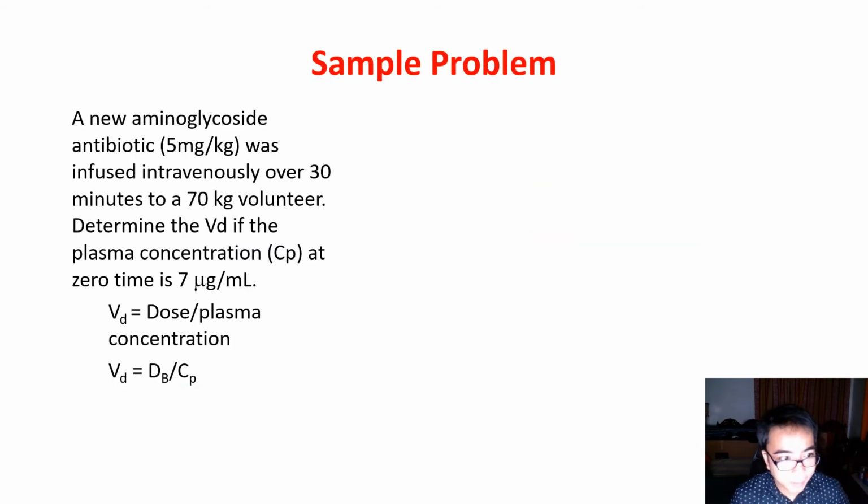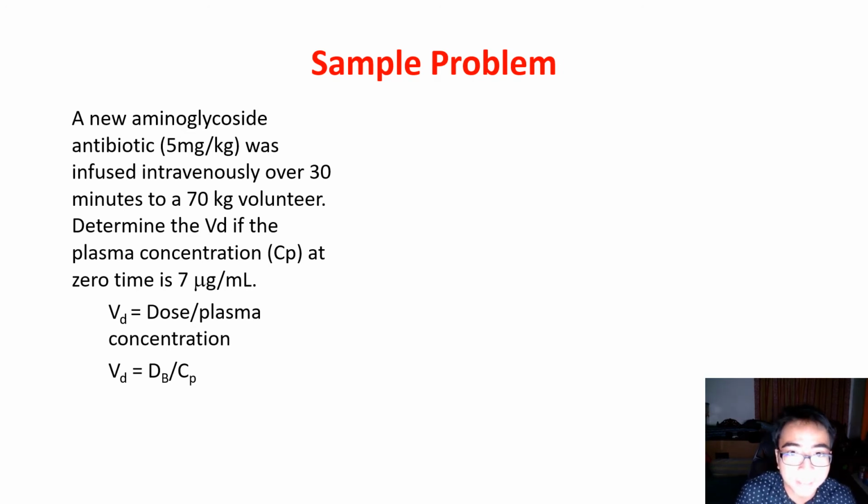So, let's have an example here, class. A new aminoglycoside antibiotic, 5 mg per kilogram, was infused intravenously for 30 minutes to a 70 kg volunteer. Determine the VD if the plasma concentration at 0 time is 7 micrograms per ml. So, what we are looking for here, class, is simply VD.